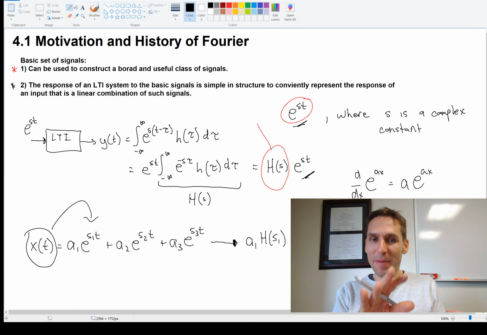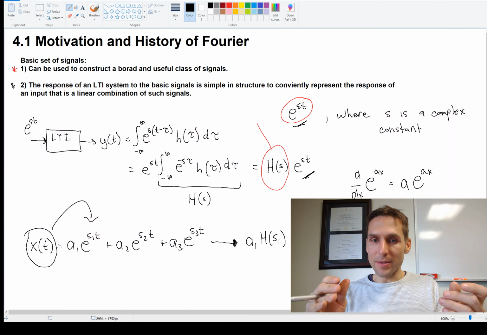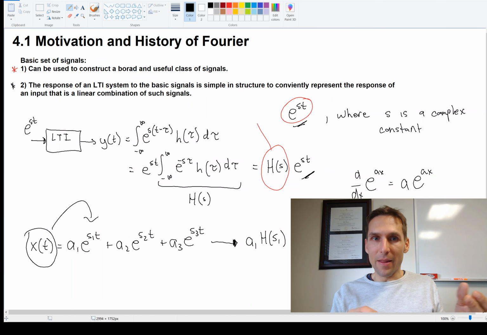I already mentioned that a square pulse can be written as a sum of sinusoids. So how do we go from a signal and get its constituents? How do we get its recipe, right? And this is the Fourier series. So we'll say more about that in the next video.